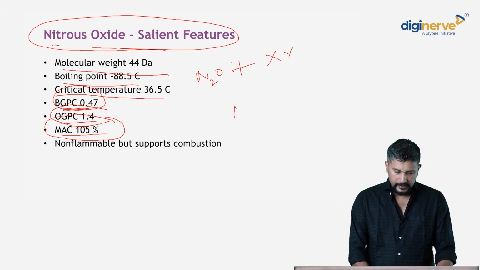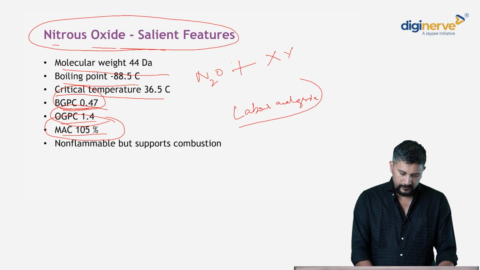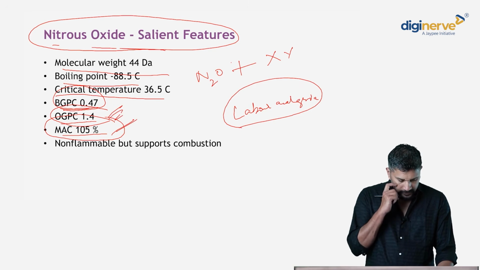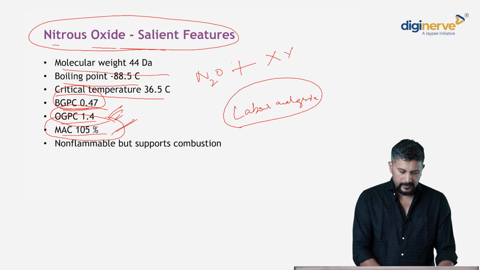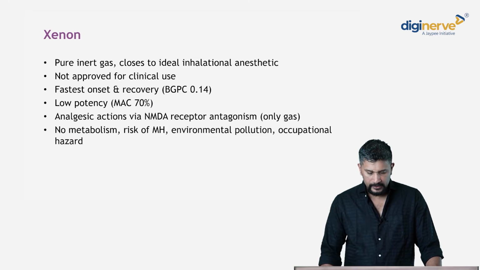So as far as nitrous oxide is concerned, these are things you need to remember. It is used for labor analgesia. It is often used in combination because of its low potency and a MAC value of 105, and it has a blood gas partition coefficient of 0.47, making it a relatively quicker acting agent.